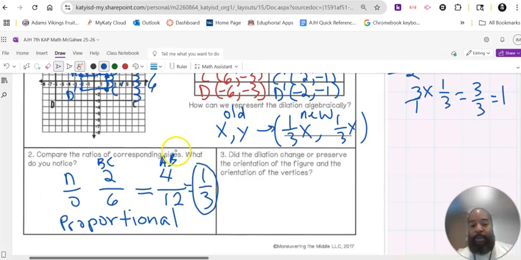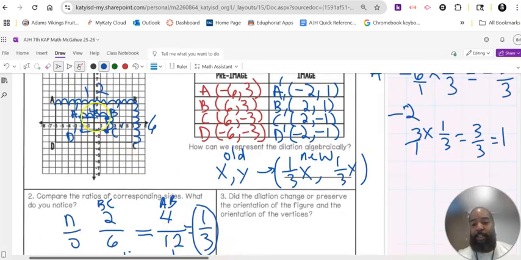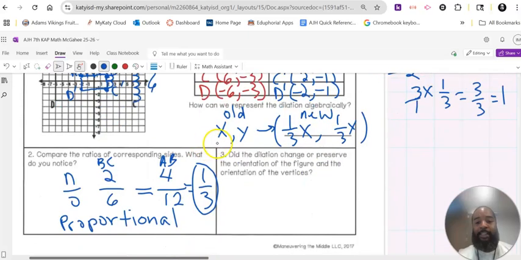Okay, the next part. Did the dilation change or preserve the orientation of the figure or of the vertices? So when we're talking about orientation, we're asking, did this figure rotate or flip? And when we look at this picture, it didn't rotate or flip. All it did was shrink. It changed size.